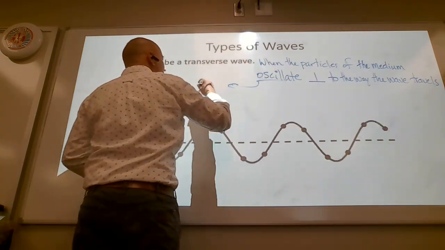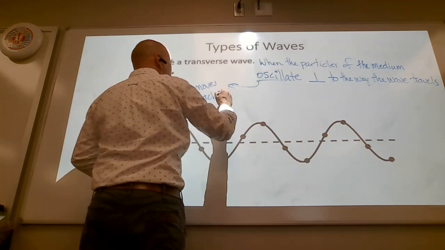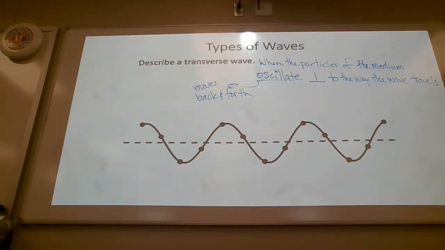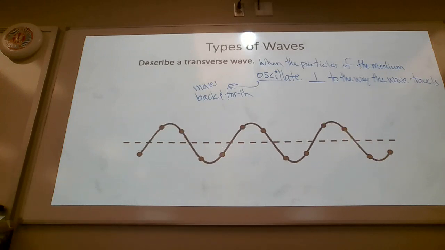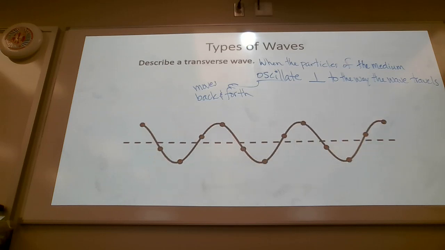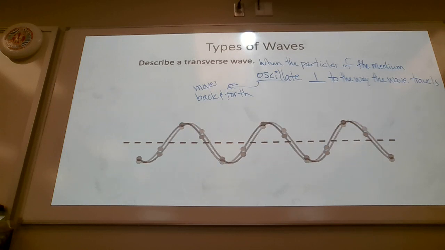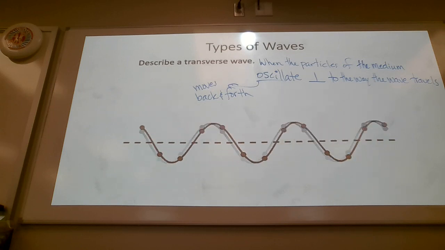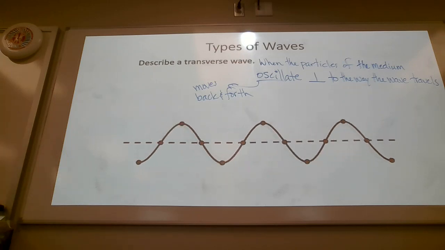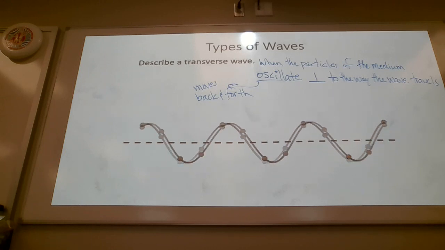Oscillate means moves back and forth. It is a lot of words: when the particles of a medium oscillate perpendicular to the way the wave travels.